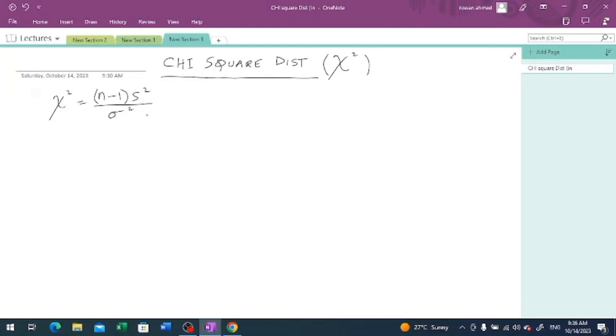Here you can take notice of one thing: chi-square can never have negative values. Why? Because when we talk about variability, we should have at least two observations, since on the basis of those observations we first determine the mean value and then in the next step we determine variance or standard deviation.